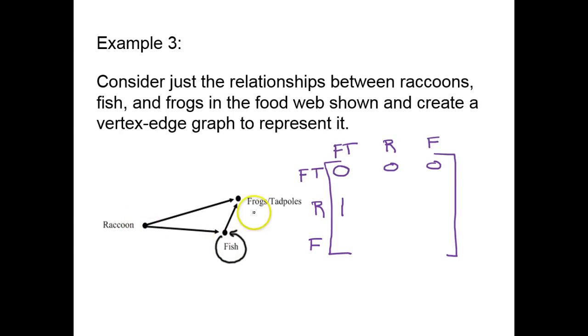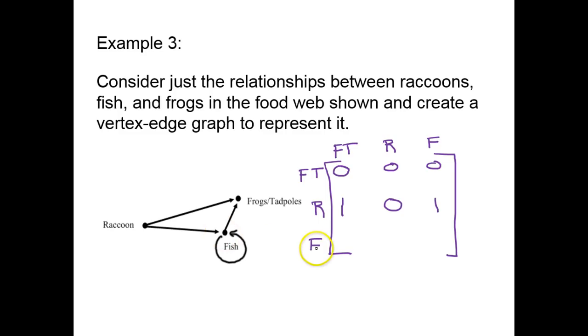Yes, they do. So I'll put a 1 here to show that raccoons eat fish, and it has to go in that order. Raccoons do not eat other raccoons, so we'll just put a 0 right there. Alright, now let's move down to fish.